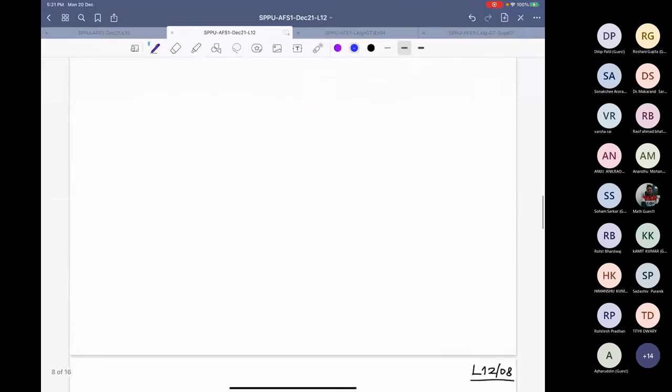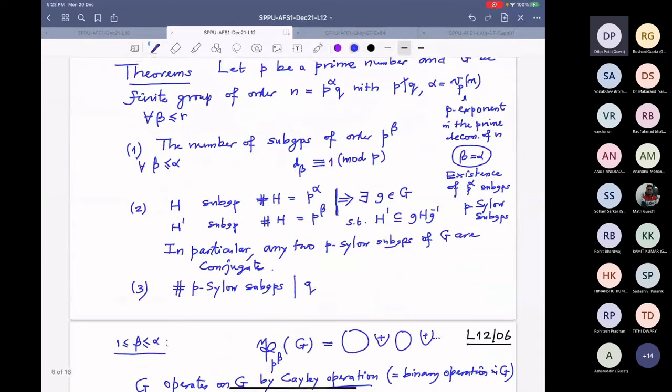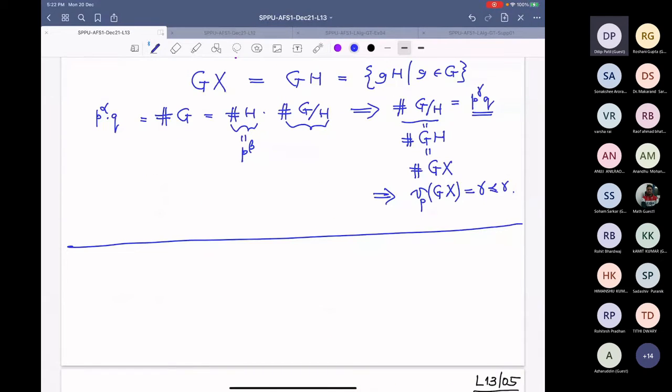Right? So that is what we want to do. All right, now, why am I doing this? So let this be here. And let's go to this one. So we now want to prove that d beta, I will improve the notation a little bit, d beta of G. This, by definition, is the number of subgroups in G of order p power beta.